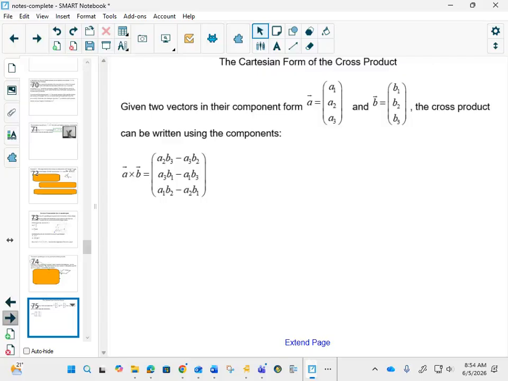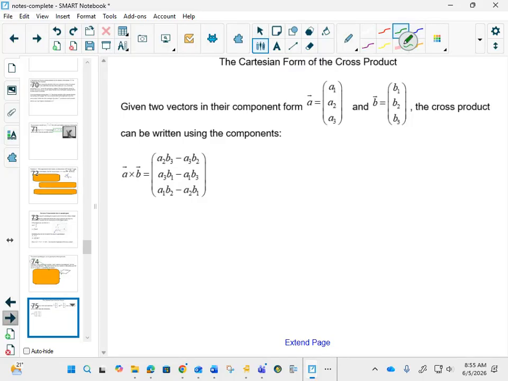Now, the cross product. You're going to remember the cross product because it is very, very similar to things that you see with your discriminant, with your discriminant when you did matrices. Look at the answers that we have.